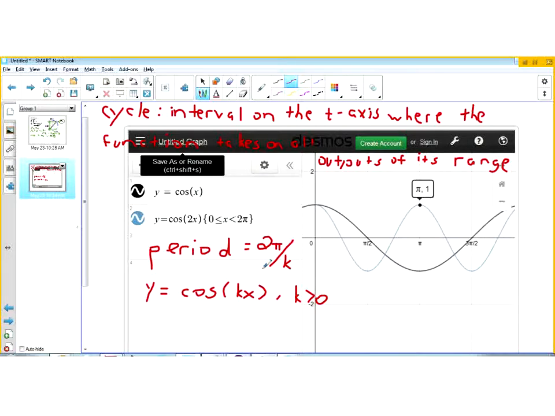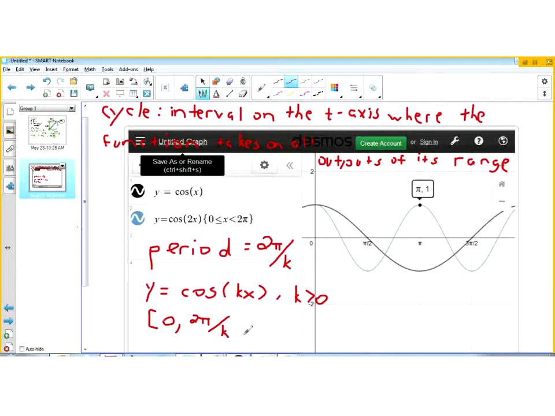We don't have too much to worry about because the cosine function is an even function, but we have to be careful with the sine function as well as the others. So the period of the sine, cosine, secant, and cosecant is the interval 0 to 2 pi over k.